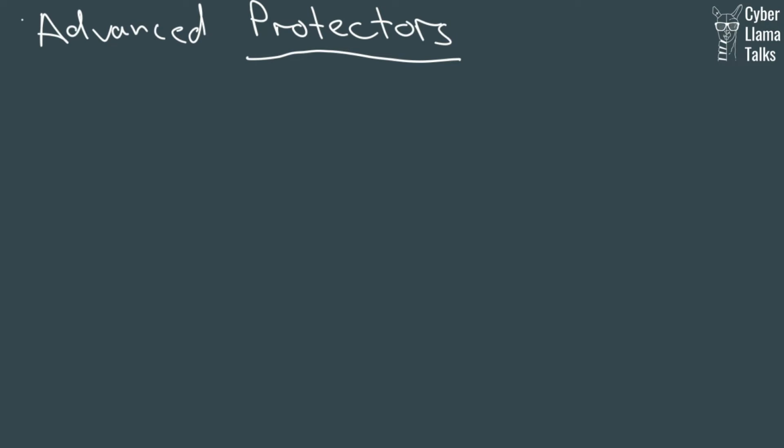Very popular protectors were, for example, used by game developers who didn't want people to cheat in their games. For example, if it's an online game, they want to prevent people from reverse engineering the algorithm and cheating. And those types of techniques are still used even nowadays to prevent cheating.